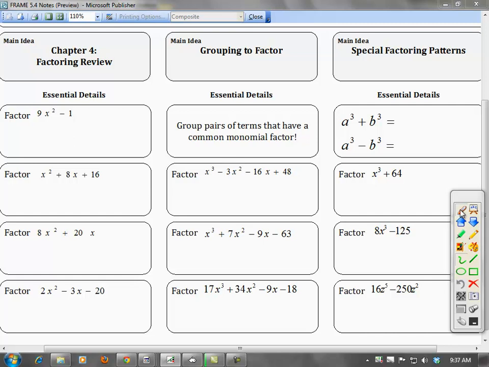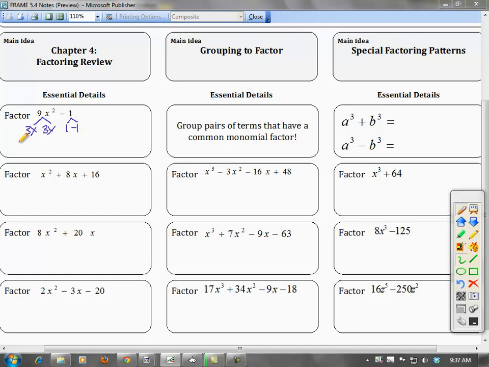If we look at the first one, there are only 2 terms and they have nothing in common, okay? So we look at the 9 and the 1 and we say, oh, those are perfect squares. So in order to get 9x squared, you could take 3x times 3x. And to get negative 1, you could take 1 times negative 1.